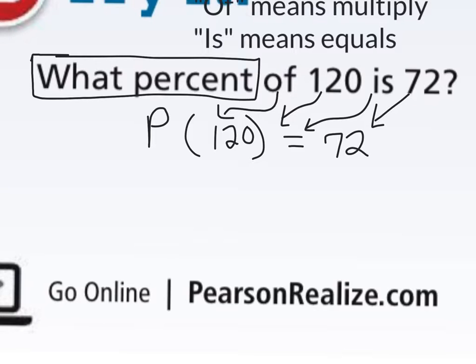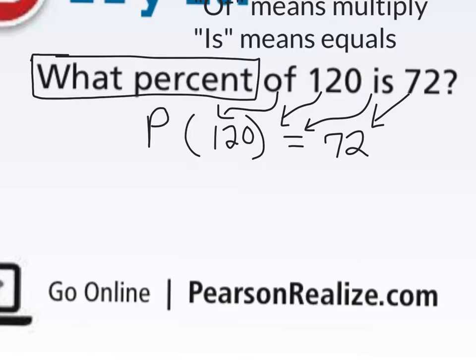I'm going to do a slight difference than the book here. I'm going to go ahead and be ready to solve this right away. This is my equation. We're trying to get the variable P by itself. So if we look at the side of the equation, what's over there with the variable? Jocelyn? 120, good.